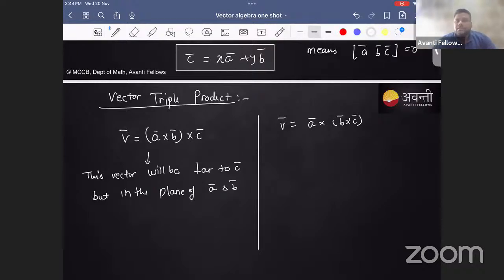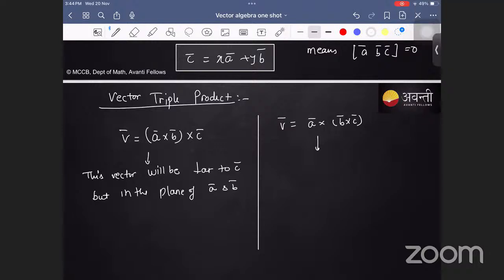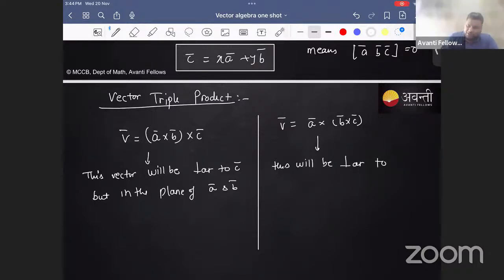Whereas this vector will be perpendicular to A, but in the plane of B and C. Is it fine?